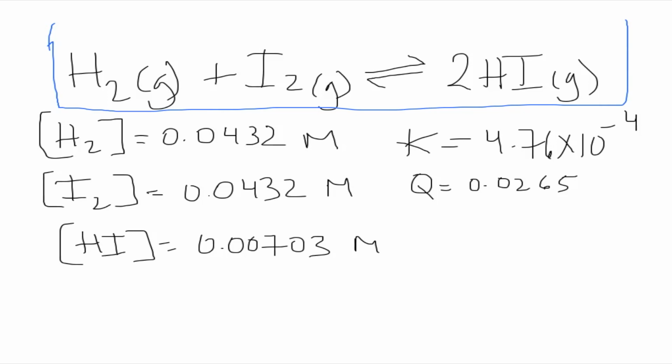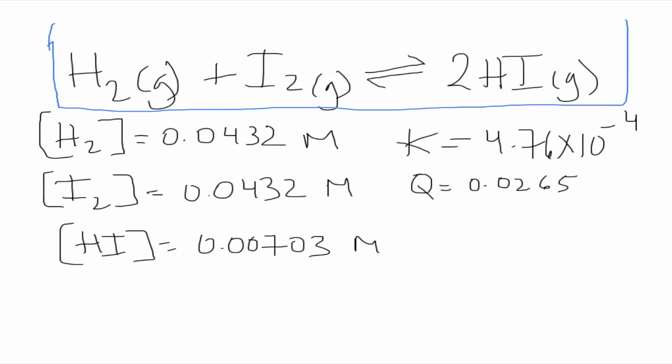Given that our K constant is 4.76 times 10 to the negative 4 and Q is 0.0265. So really half the work is already done. We know the values of K and Q, so we can tell where equilibrium is going to proceed, and that should be the first step.